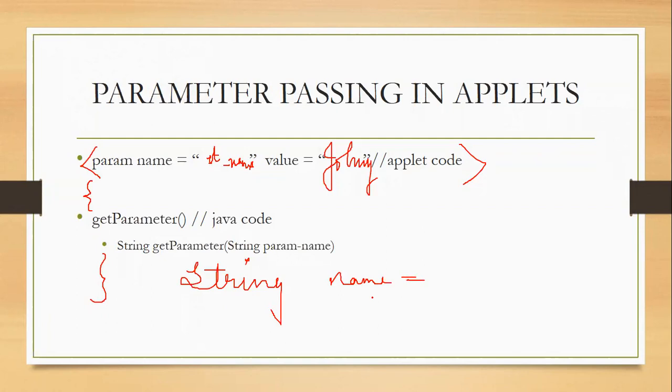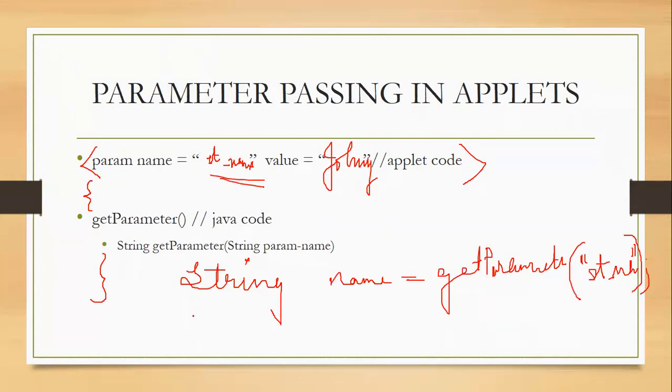So I write String name is equal to getParameter, open up a bracket, in double quotes, I will be writing this parameter name, st underscore name. I'll close my quotes, I'll close my bracket, and then end it. So this is how you read a parameter.